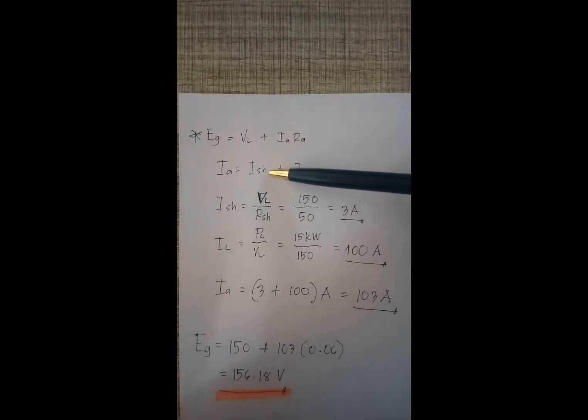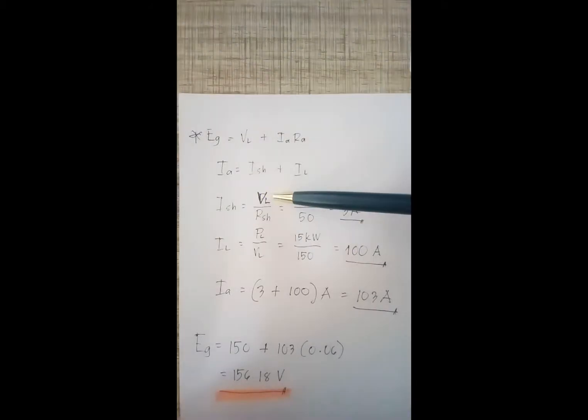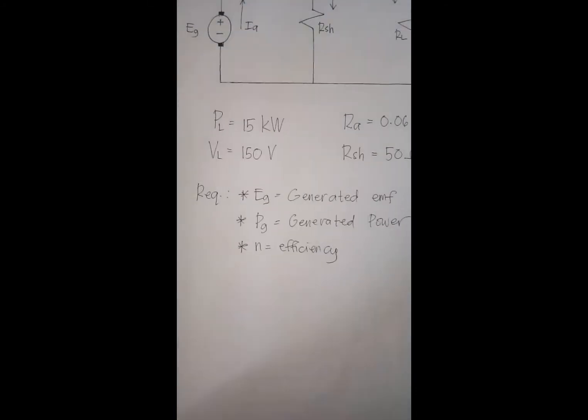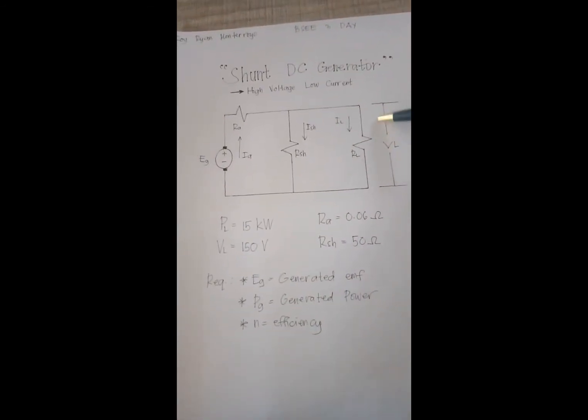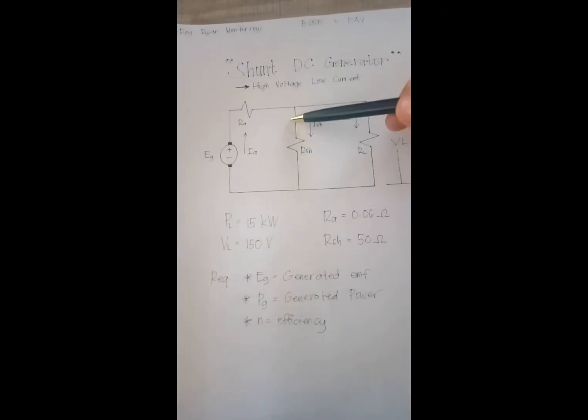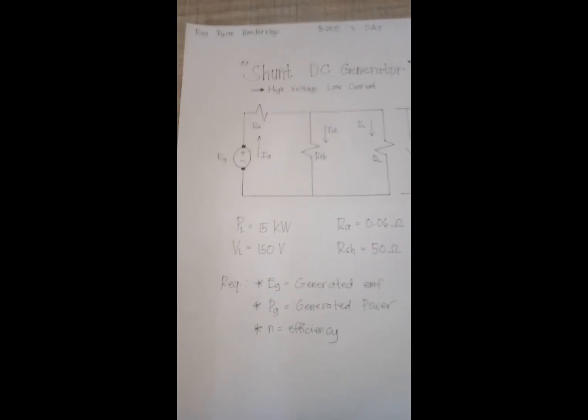First we need to get the ISH, and the formula for the ISH is equal to VL over RSH, because in the schematic diagram we can see that the load is parallel with the shunt field, so they have the same voltage.